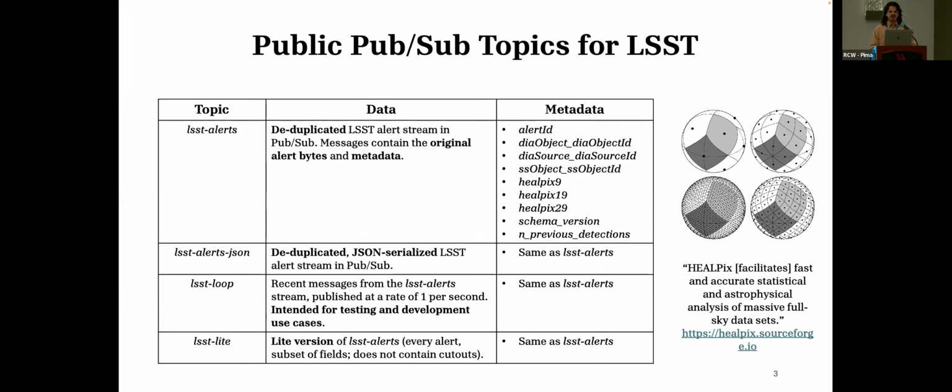One of the features that I like to highlight here is the fact that HEALPix orders 9, 19, and 29 are included in every single message that we publish to a topic, along with the others that you see here. But if, for example, you're interested in identifying alerts that are associated with a particular region of the sky, it's actually very straightforward to do so with the Pitt-Google Alert Broker.